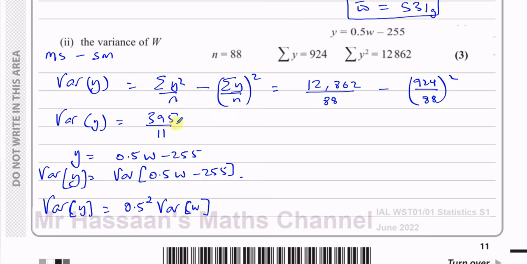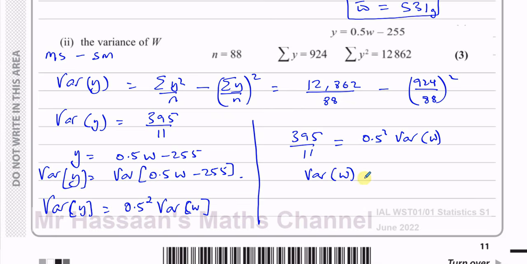We already know the variance of y is 395 over 11, and that's equal to 0.5 squared times the variance of w. So we can take this value and divide it by 0.5 squared. So the variance of w is equal to 395 divided by 11, and because we're dividing by 0.5 squared, that ends up in the denominator.